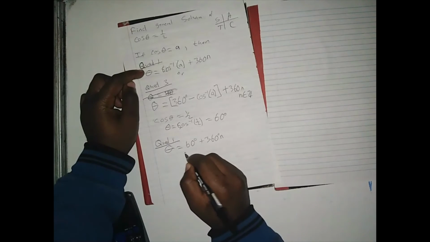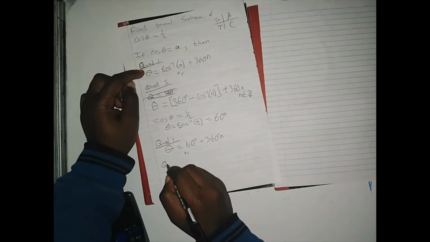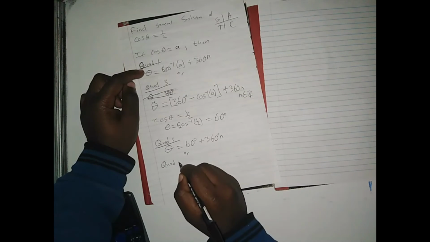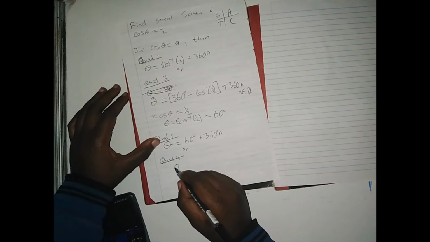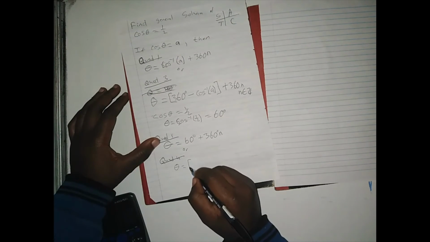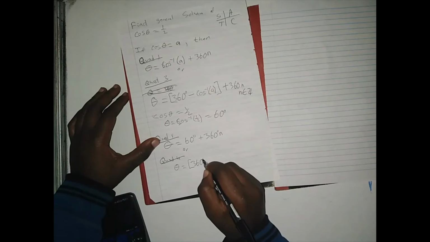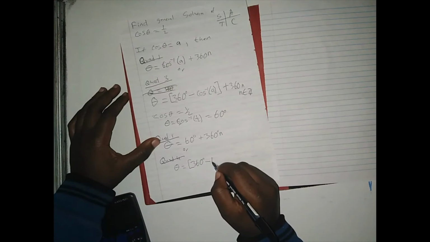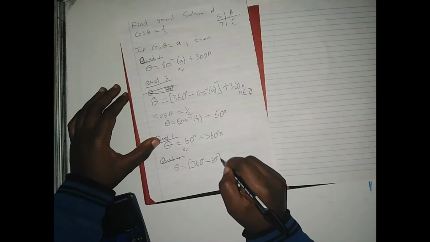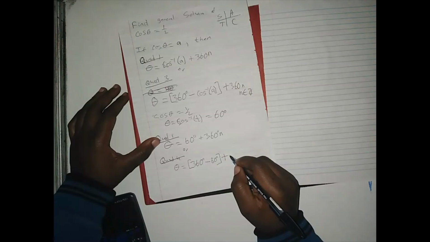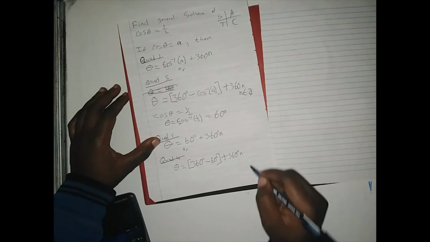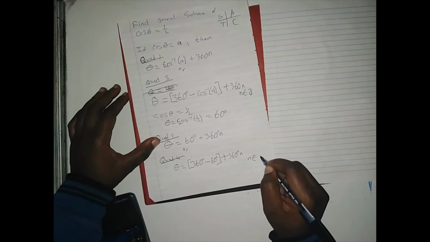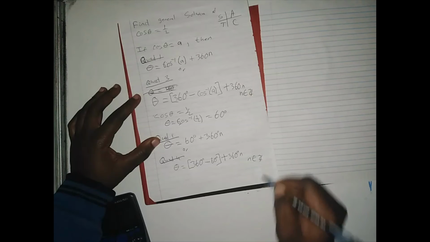And or you've got another solution in quad 4, which is theta is equal to 360 degrees minus 60 degrees plus 360 degrees n, and then n is an element of integers.